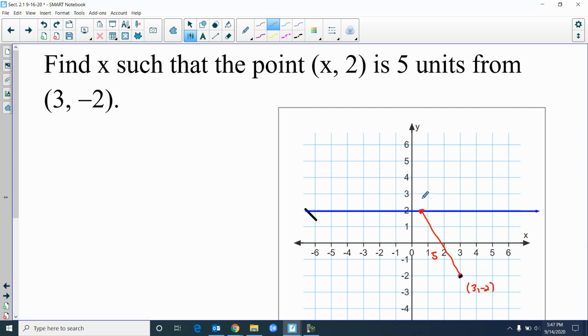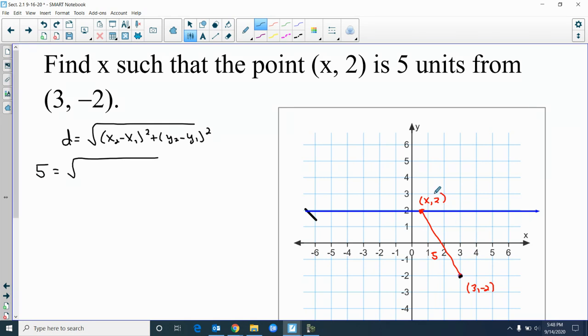I don't know what this point is going to be, but I do know that it has to have a y coordinate of 2. We'll just use the distance formula and what we have here, and I can plug in 5 for d. So distance equals the square root of x2 minus x1 quantity squared plus y2 minus y1 quantity squared. Well, we know the distance. We want the distance to be 5. So put that in there.